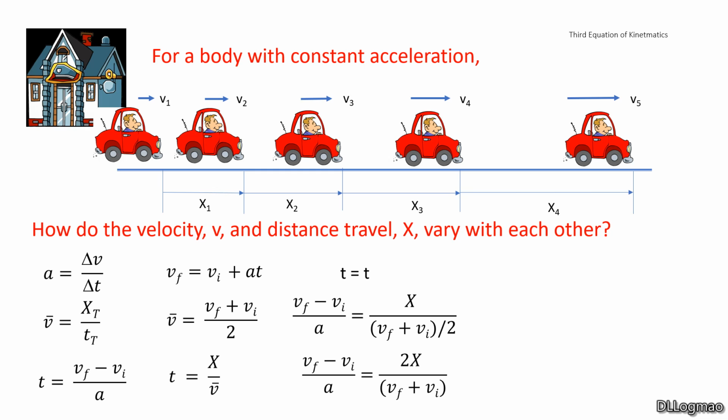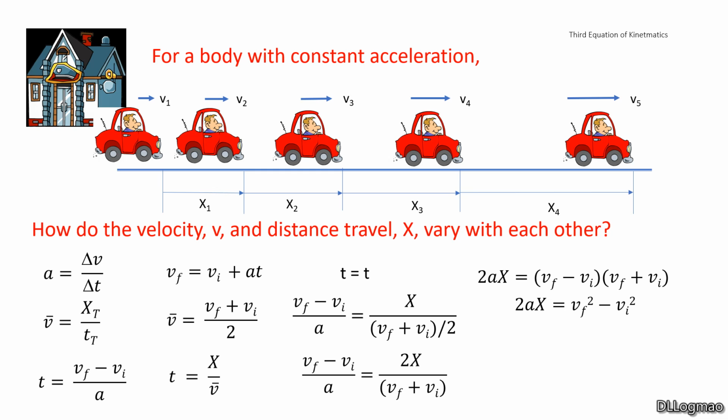Cross multiply. 2ax is equal to the product of the sum and the difference of final and initial velocities. The special product tells us that the product of the sum and the difference of two same numbers is the difference of two squares.